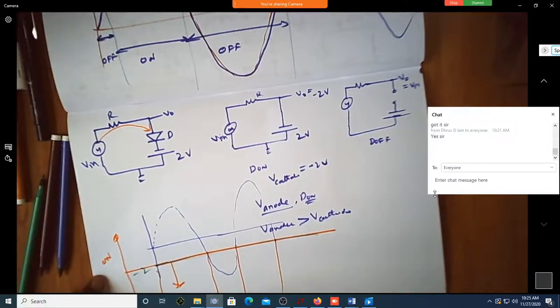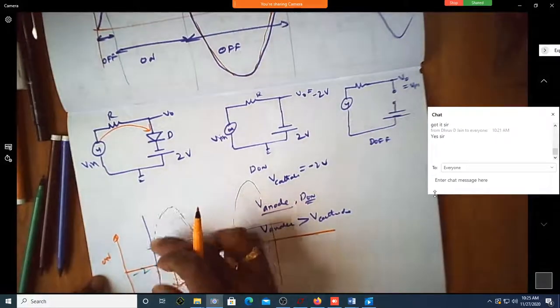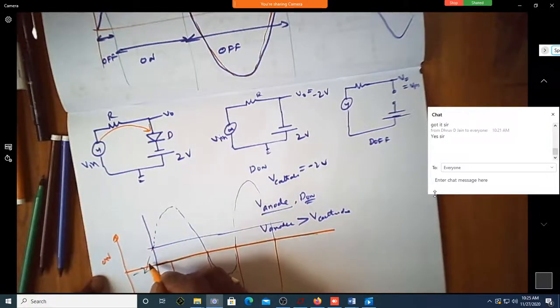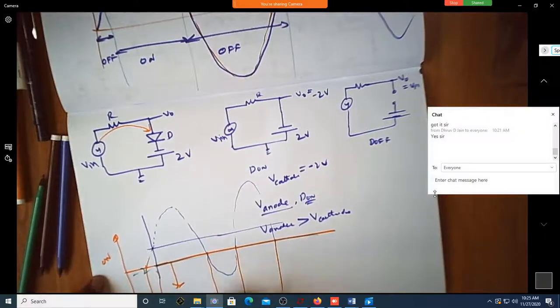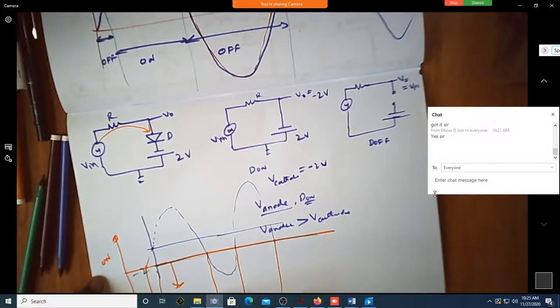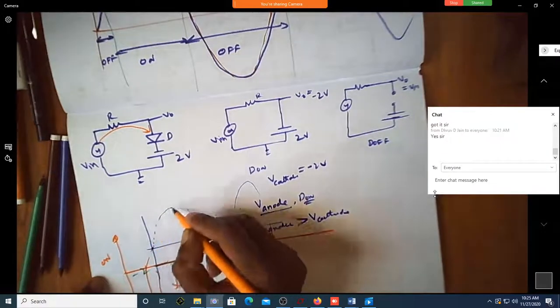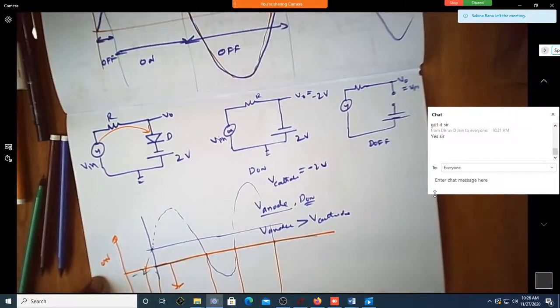So shall I say now, during this region, the input voltage, let me just write it over here, till this point. During this region, is the diode on or off? See here, this input voltage is more than this. Is the diode on?